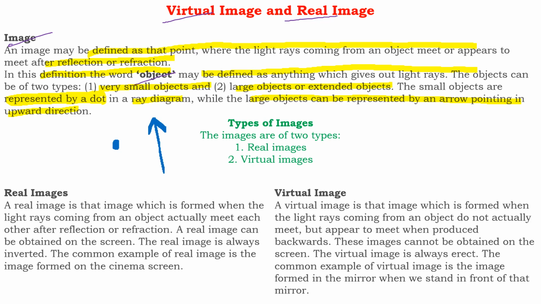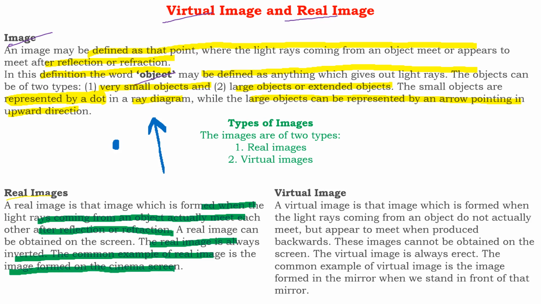Now, what are the real images? Real images are those images which are formed when the light rays coming from an object actually meet each other after reflection or refraction. The real image is always inverted. The common example of a real image is the image formed on the cinema screen.